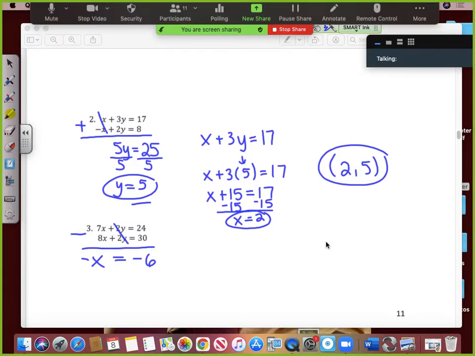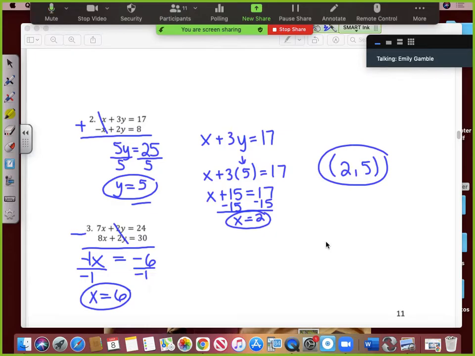To get rid of that negative 1 in front of x, you would have to divide both sides by negative 1. And you're going to get x is equal to 6. Once you have one of the answers, then you have to pick whichever equation you like better and replace in 6 for x.